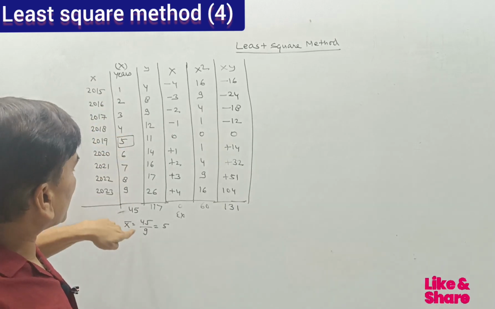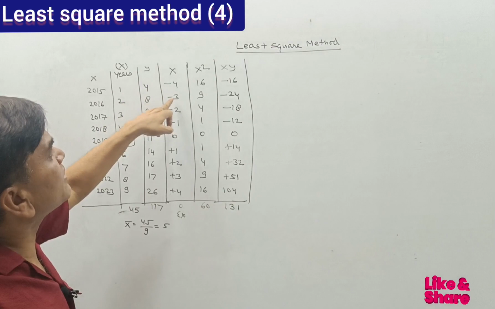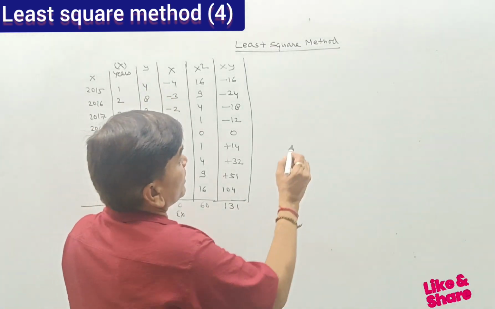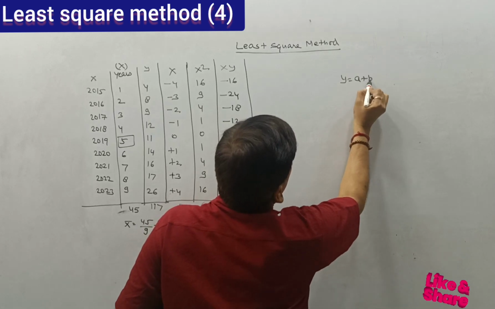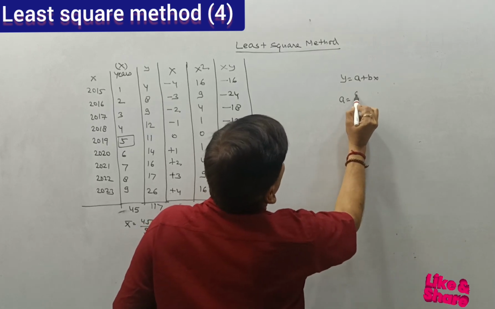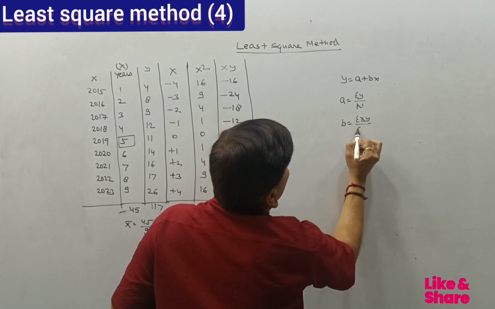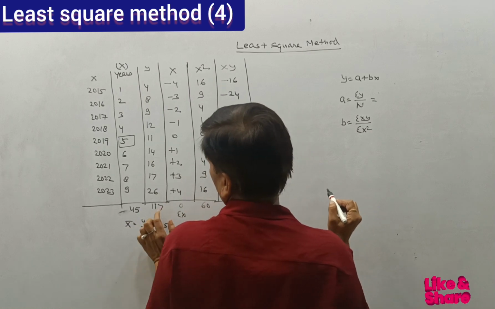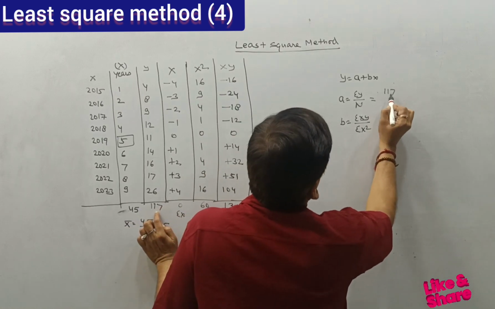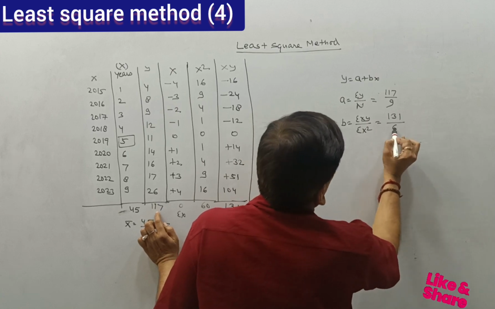Firstly we take the arithmetic mean, or rather the middlemost number, and get the deviation. Now the equation is y is equal to a plus bx. So a is equal to sigma y upon n and b is equal to sigma xy upon sigma x square. So the value of a is sigma y, that is 117 divided by 9, and b is 131 divided by 60.